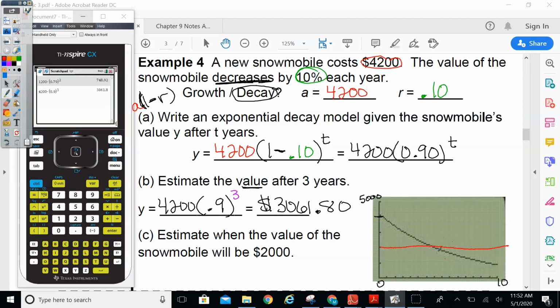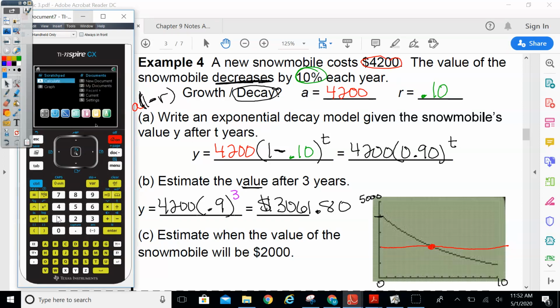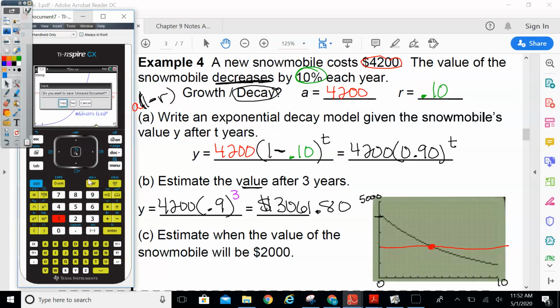And then this one is the exponential decay, and we're looking for that point right there. So let's just go get our graph one more time. So 4,200 times 0.9 to the x power.